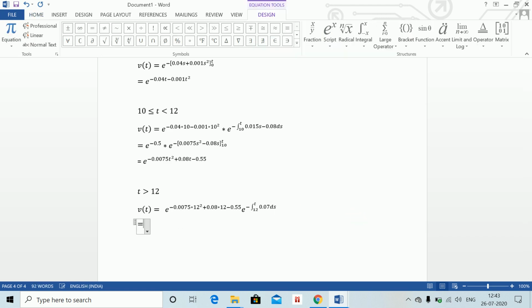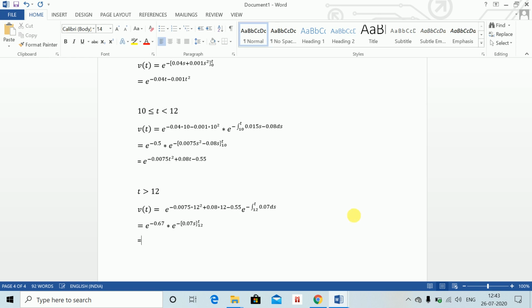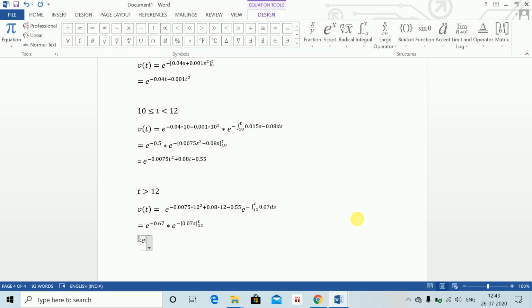When I solve this, the first factor gives e to the power minus 0.67, and the next gives e to the power of minus 0.07 s, with limits 12 to t. Then on the next line, e to the power minus 0.67 times e to the power minus 0.07 t plus 0.84.